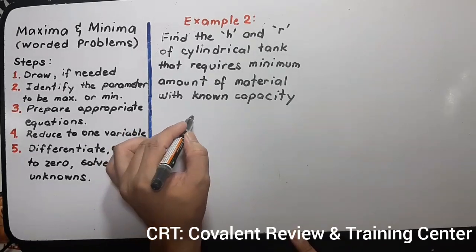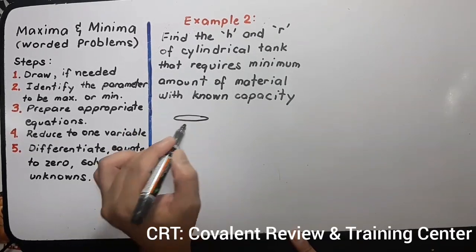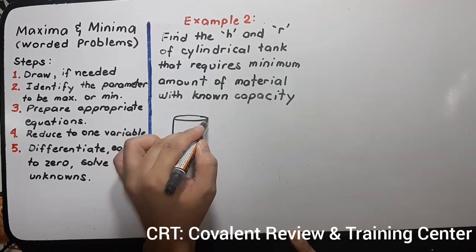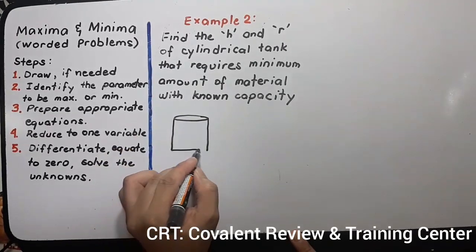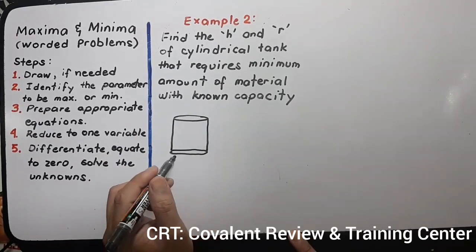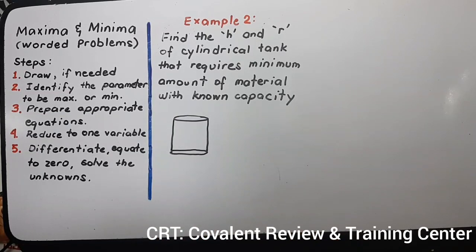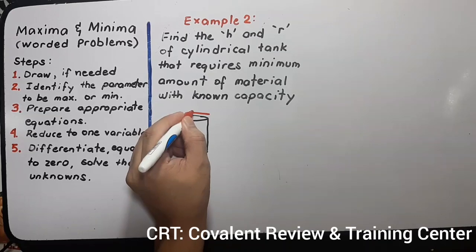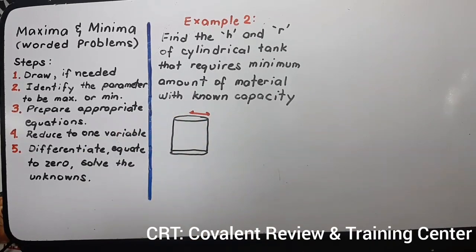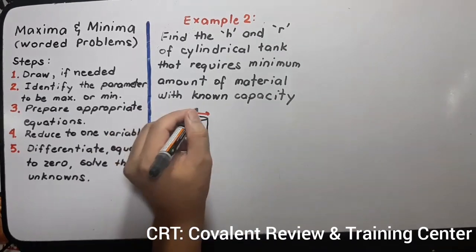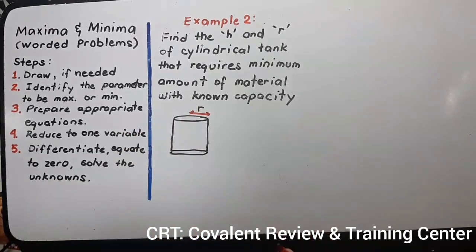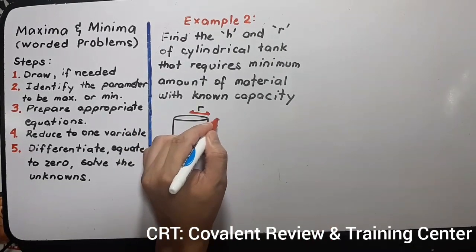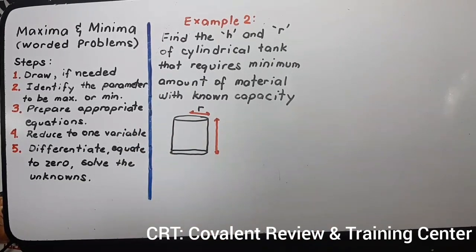So this is the drawing of the cylindrical tank. This is the radius R, and this is the height H.